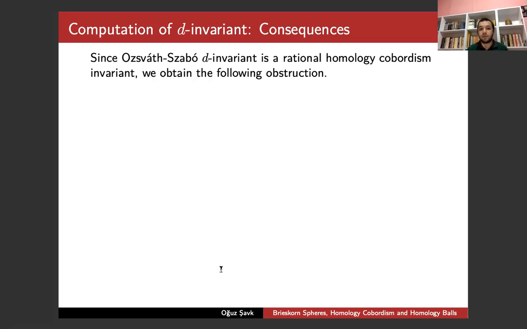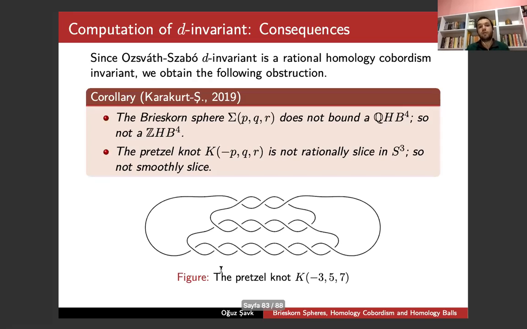As I said, the d invariant is a cobordism invariant, so we obtain such an obstruction and conclude that our Brieskorn spheres never bound rational balls, so they never bound integral balls.